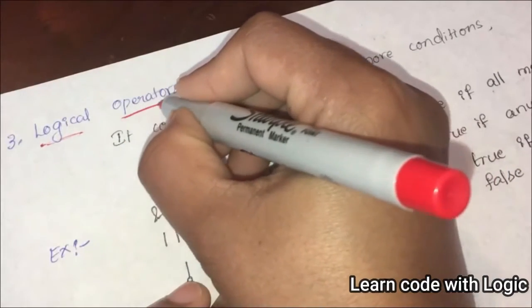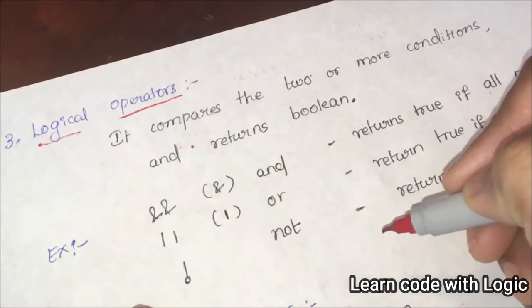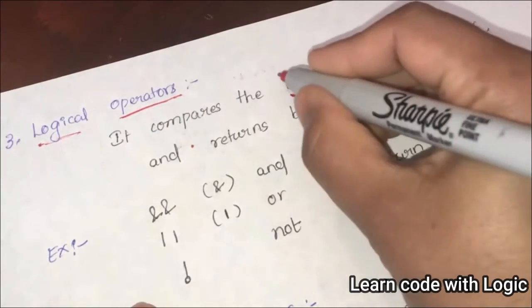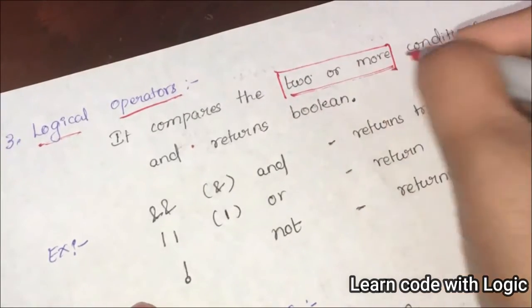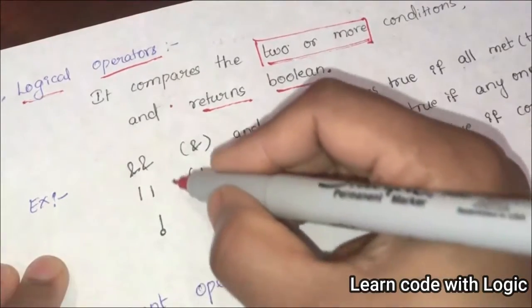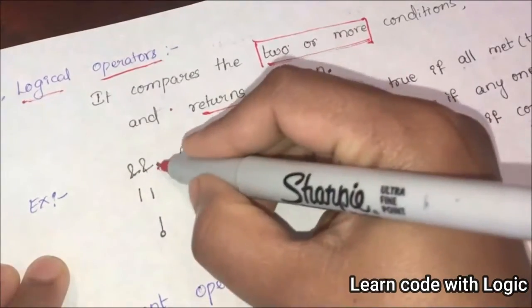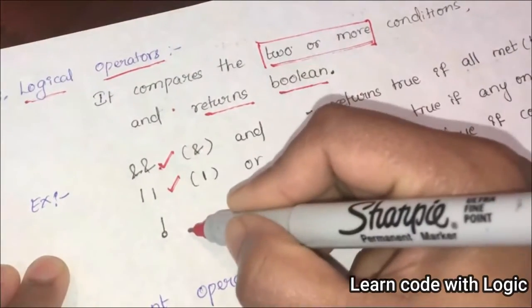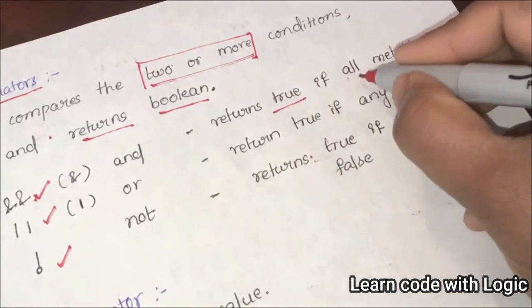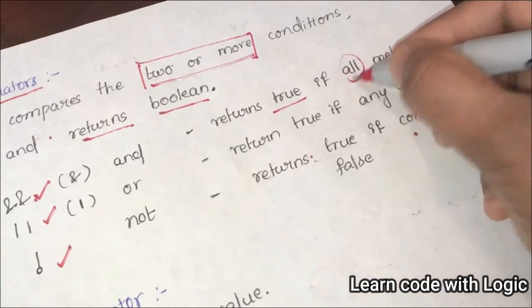The third one is logical operator. It also does comparison, but it compares two or more conditions and returns a boolean value. The logical operators are and, or, not. And returns true if all conditions are true.